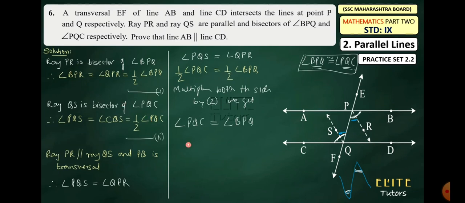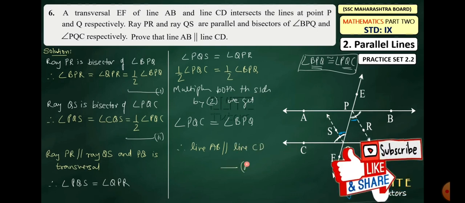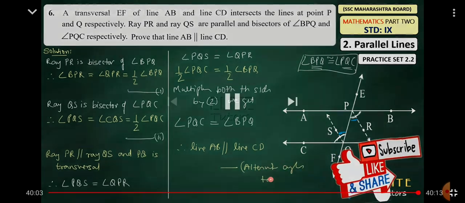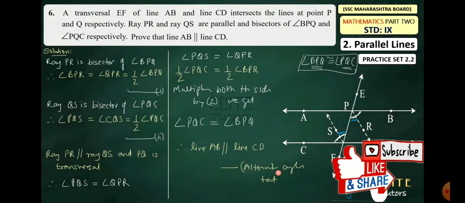We had to prove BPQ is congruent to PQC, and we proved it. So if these two angles are equal, then line AB is parallel to line CD by the alternate angle test. This is what we had to prove.